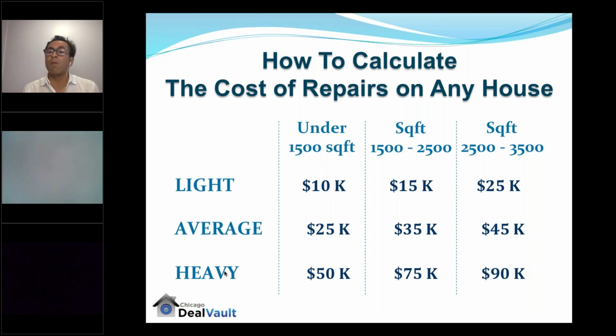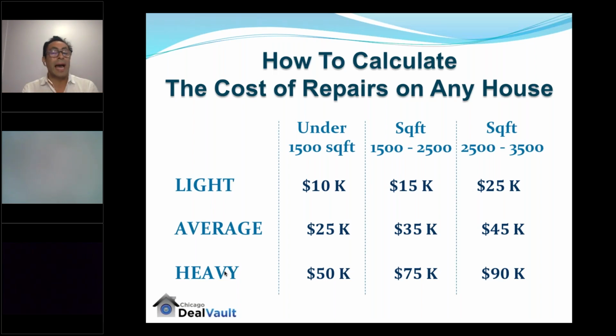We don't want to do rehabs over 40,000 because the minute you start doing rehabs over 40,000, guess what? It's going to take you a lot longer. So if you stay within the light, the first two columns, 10,000 to 15,000, and average between 25 to 35,000, that's going to maximize your profit and minimize your risk. That is the sweet spot.